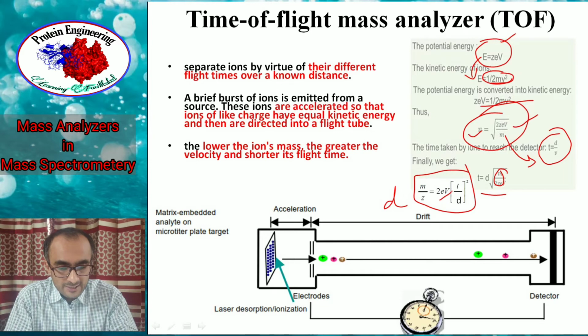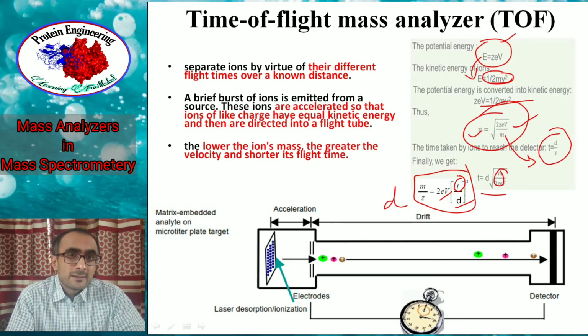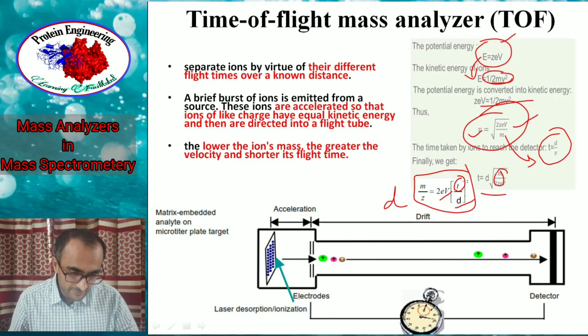You see here eV is known, distance d is known. So only if you can calculate t, m/z can be calculated. So just by knowing the time of flight of ions, the m/z value can be calculated, and that's how a graph, the mass spectra, can be formed.